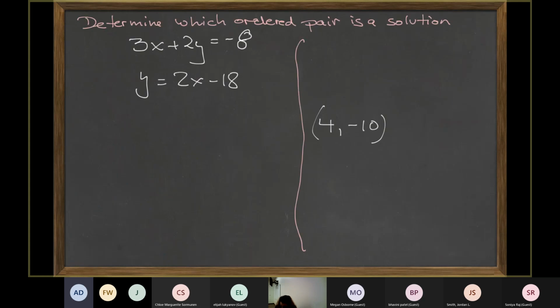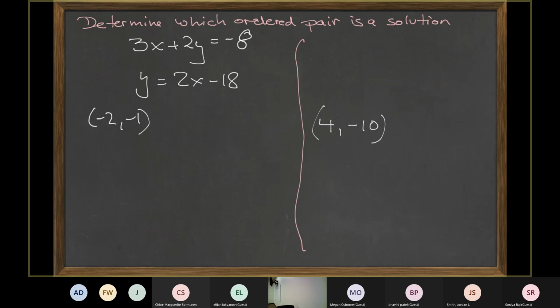Okay, so before we graph, it's basically the same thing you had to do on the test. You have to determine which ordered pair is the solution to the system of equations here. And the system of equations is 3x plus 2y equals -8, y equals 2x minus 18.